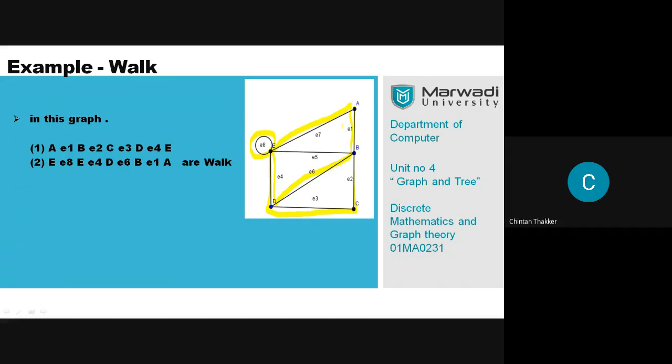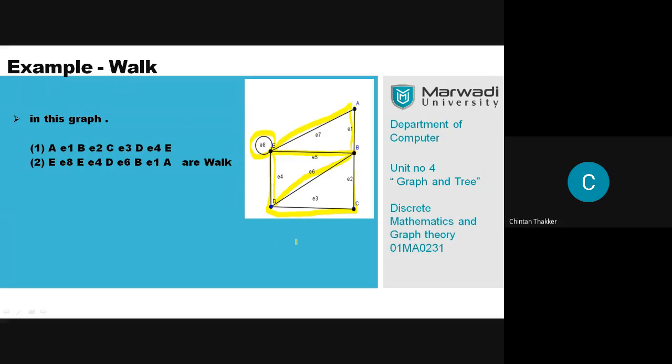Then you can also go for E5 and B. You can repeat the vertices, but you cannot repeat the edges here. I have repeated E 3 times and B 2 times, but I am not repeating edges. If you repeat a vertex, it is okay in a walk, but you cannot repeat the edges.